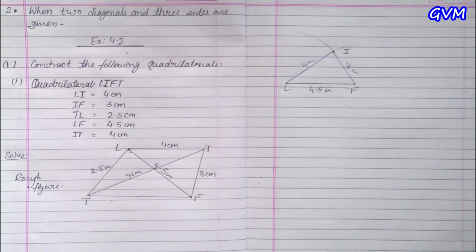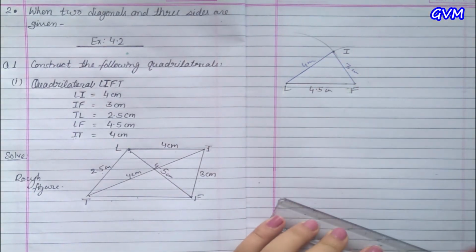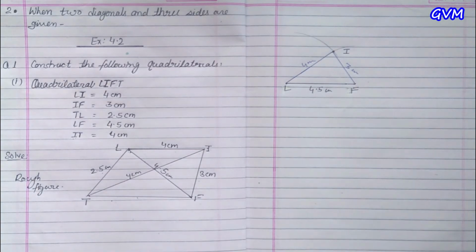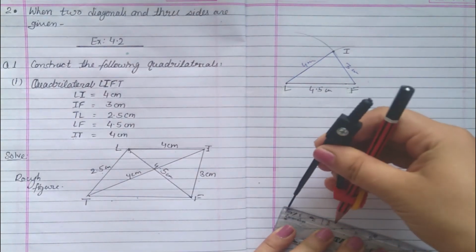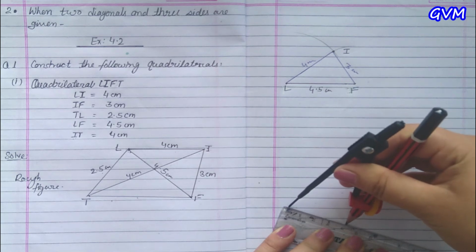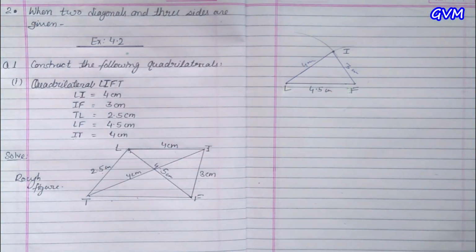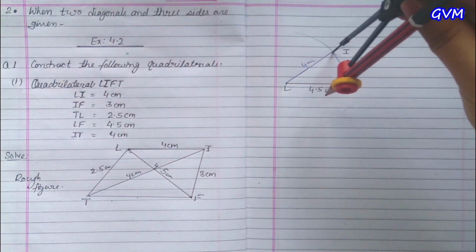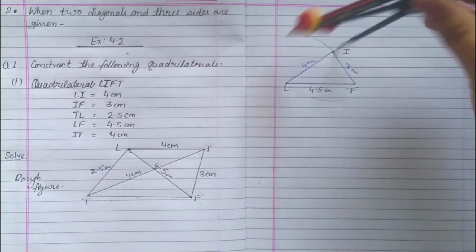Again, take the ruler and compass. From I we are going to draw an arc measuring 4 centimeter. Put the needle at 0 for 4 centimeter, then put the needle at I and draw this arc.